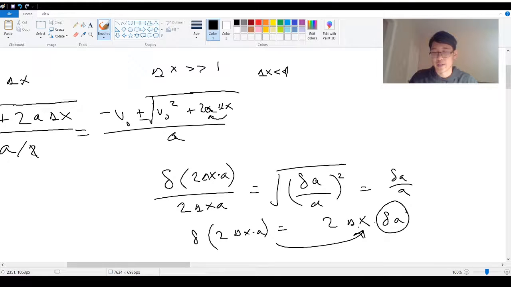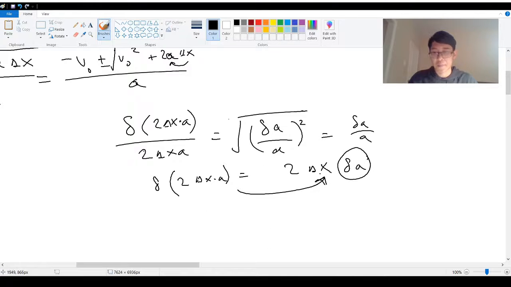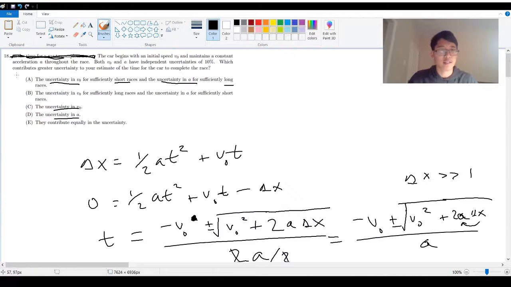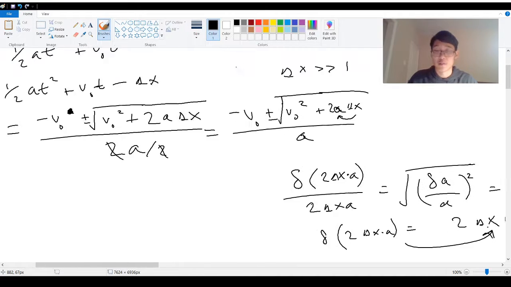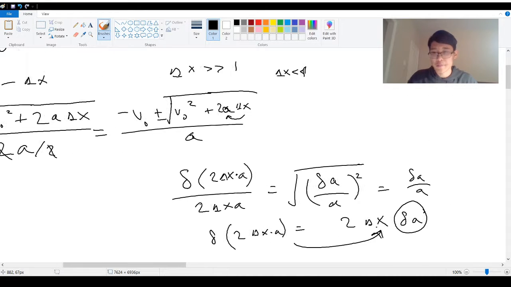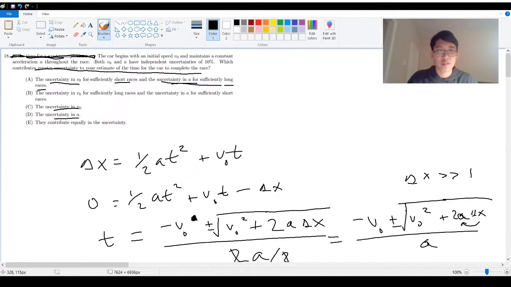Sorry, this is actually sigma A, but anyways, what this tells us is that the uncertainty in A for sufficiently long races actually contributes to greater uncertainty in the estimate of the time it takes for the car to do the race. So this seems like the right answer.